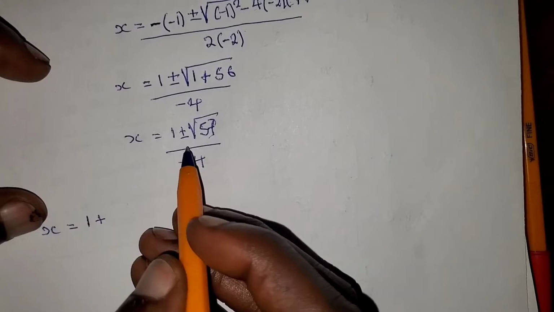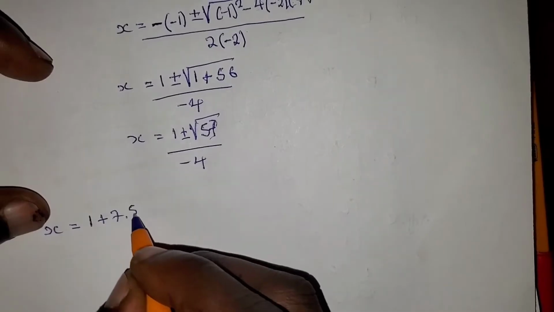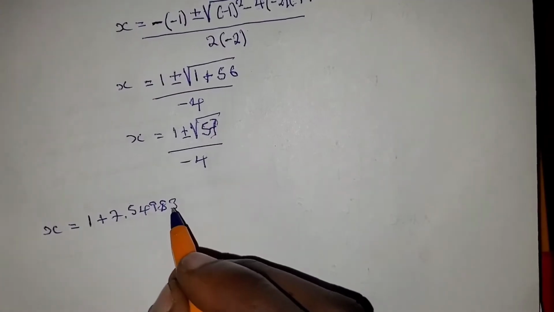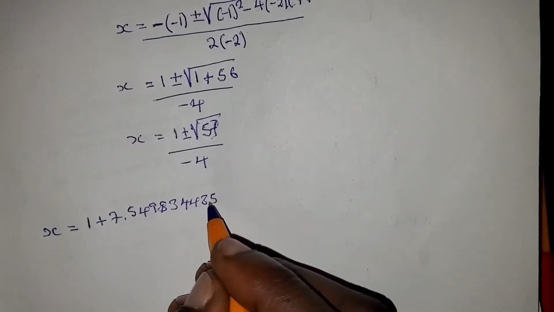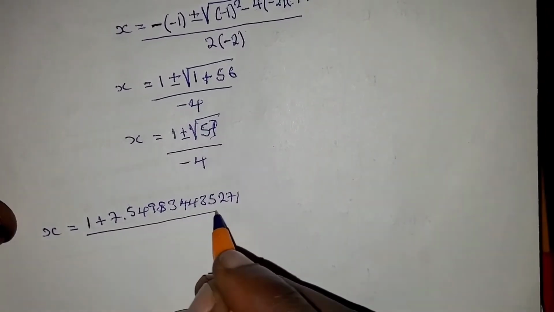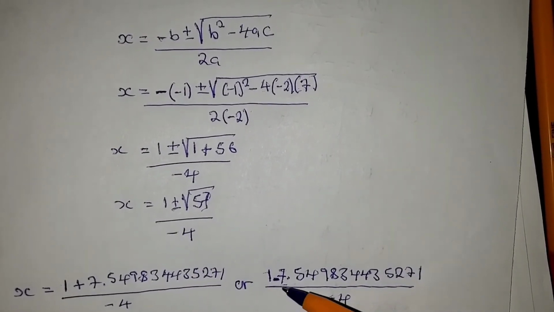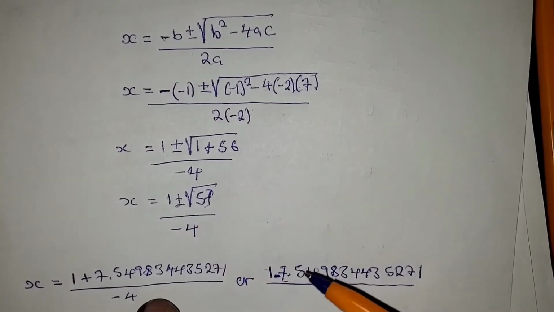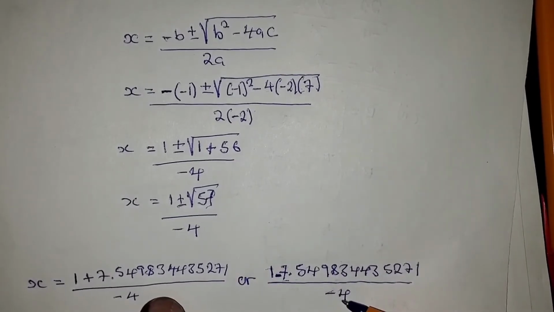In this case, we're going to start with plus the square root of 57, which is 7.549834435, the whole of this one divided by -4. So this side you do the same. We're going to say 1 minus, in this case we're going to use minus 7.54, the way it is this side here, divided by -4.